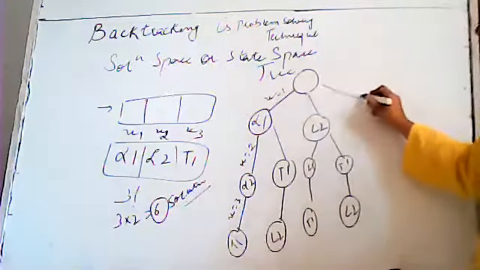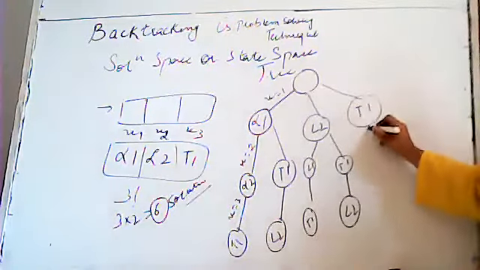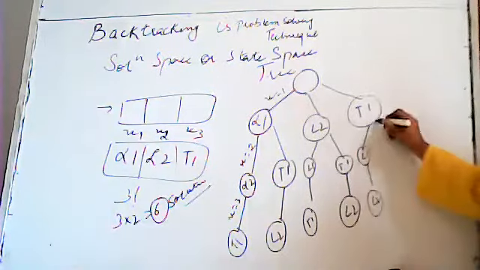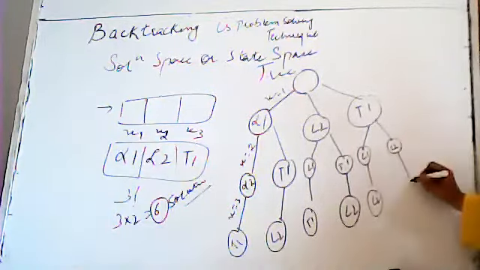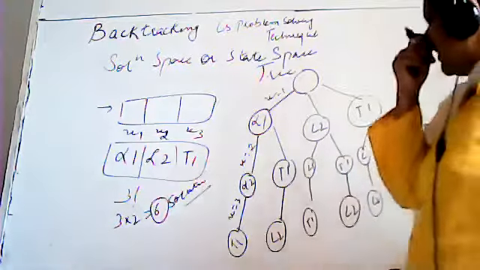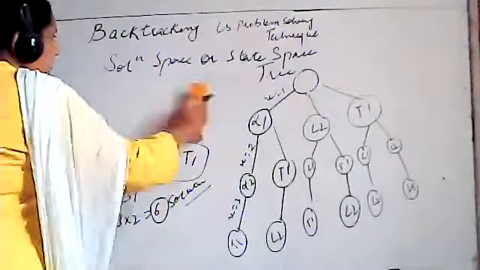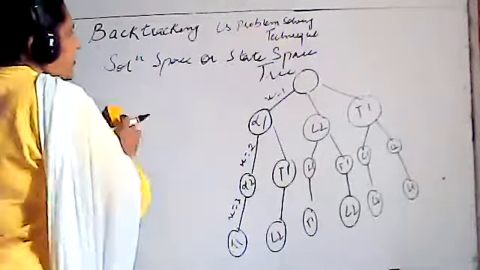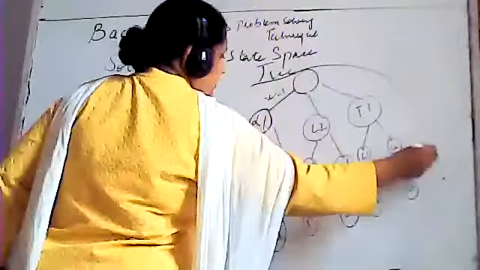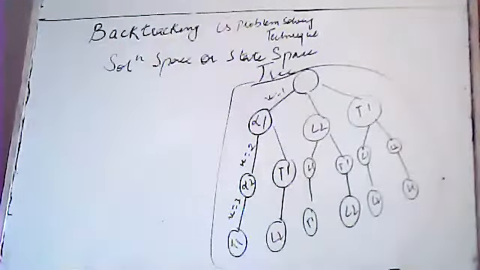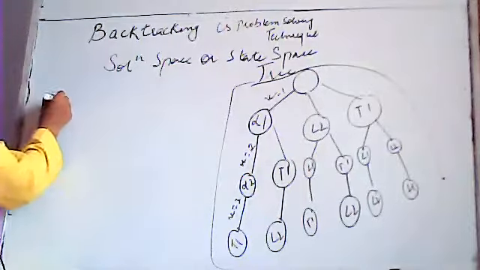Next combination would be T1 on first seat, then lawyer 1 and lawyer 2, then lawyer 2 and lawyer 1. What is this entire tree known as? State space tree.